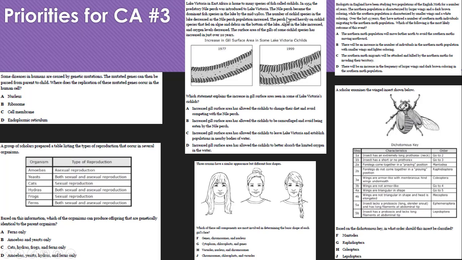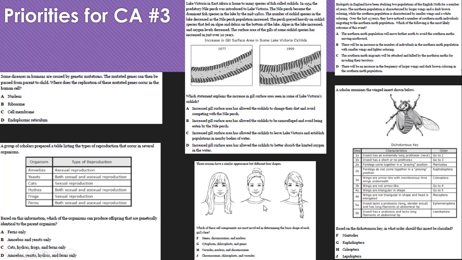These top examples are both pretty heavy text related to the adaptations of an organism. So students need to be able to comprehend more dense text in questions and apply what they learn in the text to answering what changed here, or why did they have this adaptation.